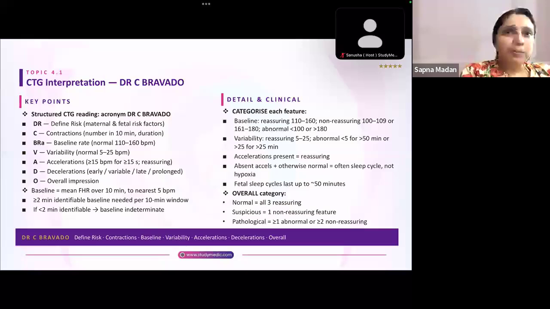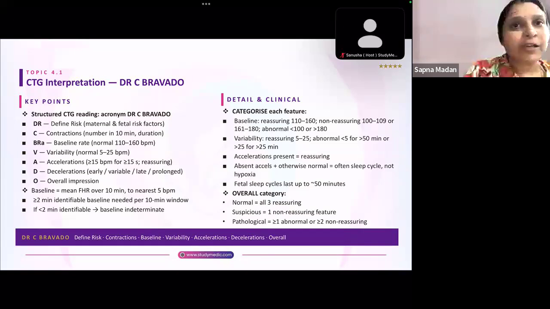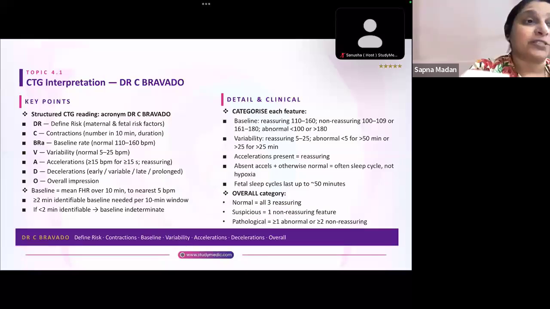Everything is insignificant. So the risk of that patient is not going to be compared to the same gestation lady, same age lady who is having preeclampsia, who's having gestational diabetes, or the fetus has FGR. So basically, the doctor is defining risk. So you have to define the risk in the mother and the fetus.